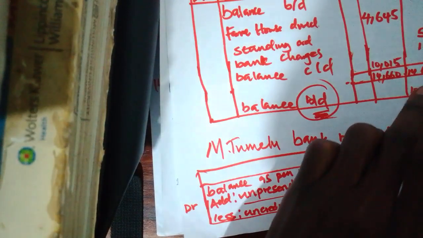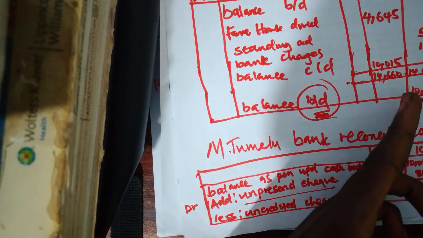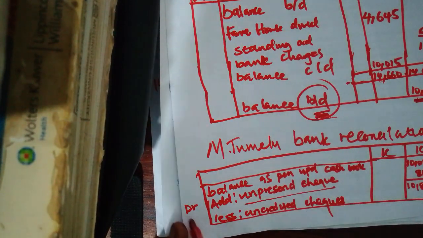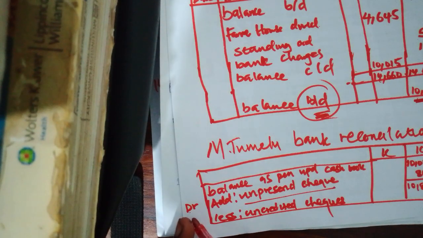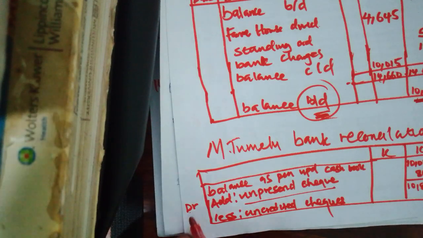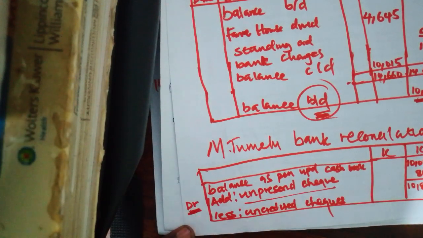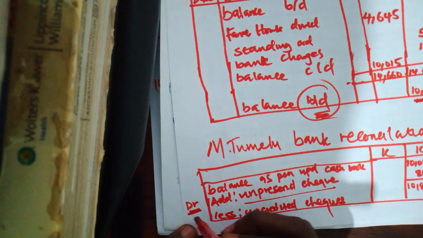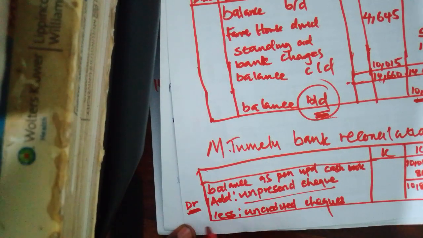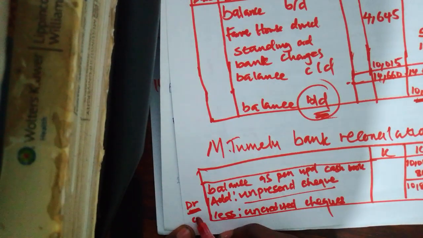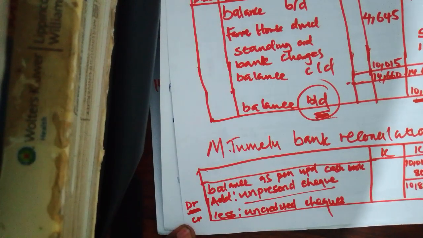Since we picked this, this means this is the credit balance. And this is the debit transaction, meaning credit and debit you have to add. I mean, in the cash book this was debit, so in the bank it will be credit. Then this in the cash book it was credit, meaning in the bank it will be debit.